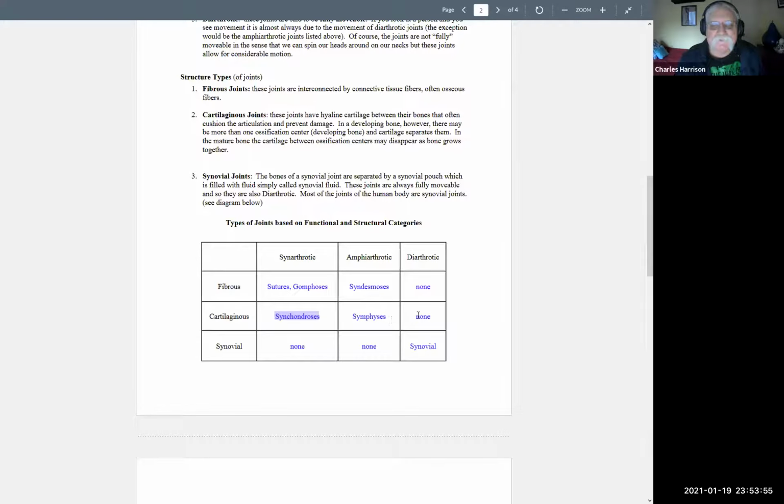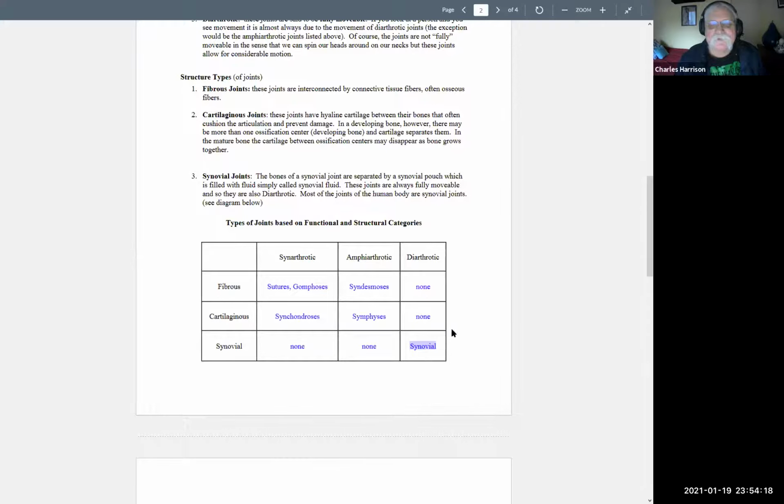Cartilaginous joints are never fully movable, so we put none there. The synovial joint is never slightly movable, so it's fully movable, so there's none there. And it's never just partly movable, so there's none there. You get off the hook.